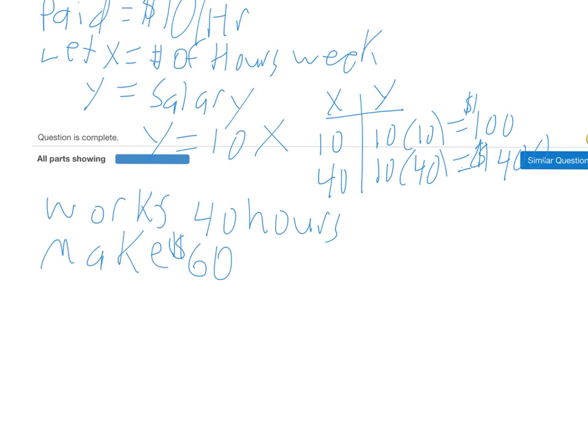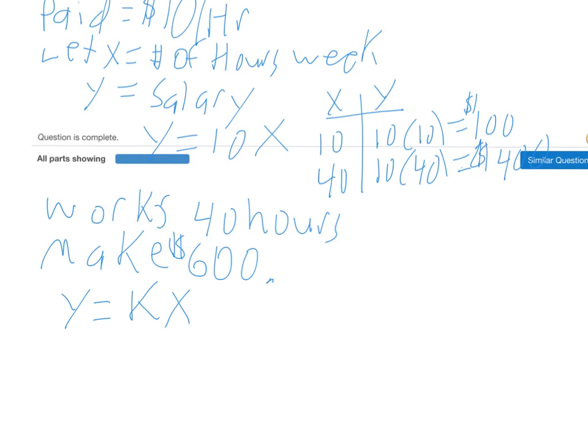Their salary's at $600. Question comes up: what's their salary per hour? And so if you look at y equals kx, this question's asking for k, and the number of hours would be 40, that's x, the salary is 600, so you can find k here.